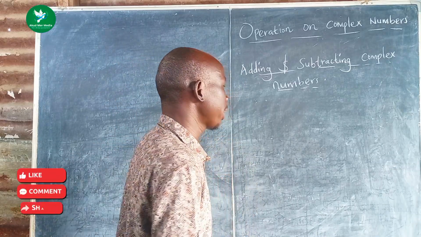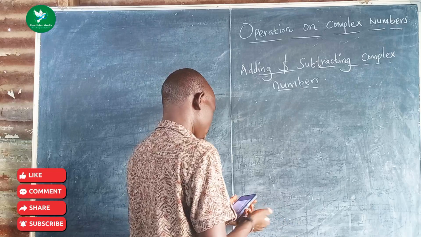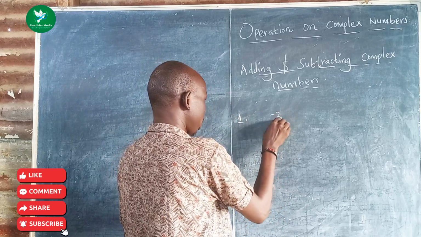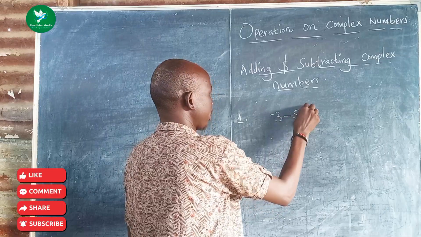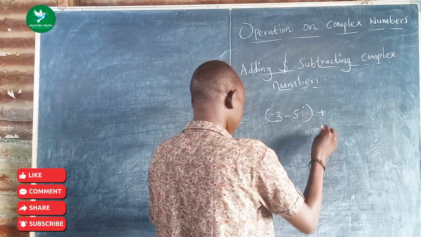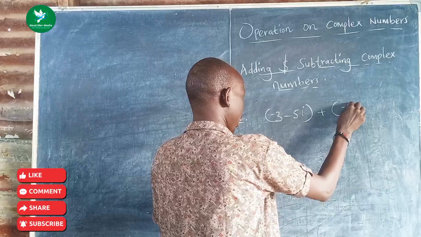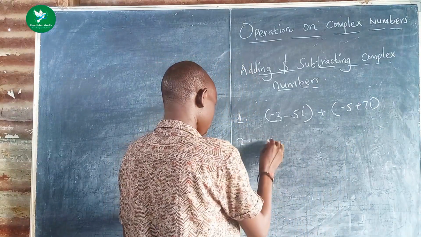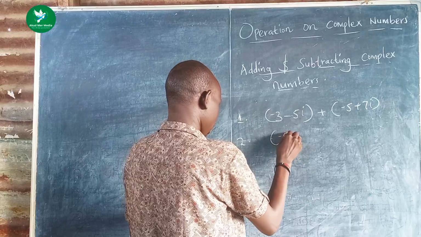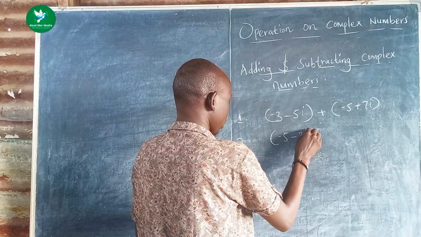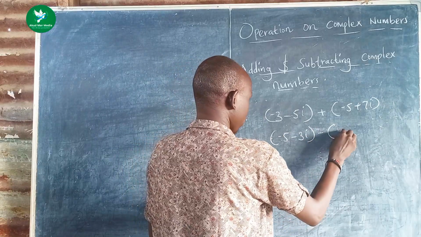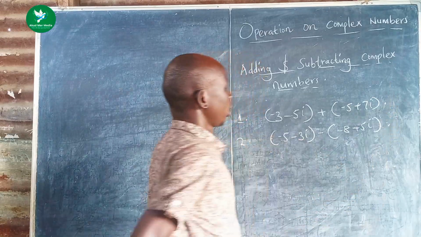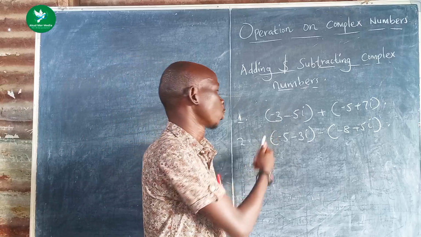For instance, if you are given -3 minus 5i plus -5 plus 7i. Let's look at these two given examples.